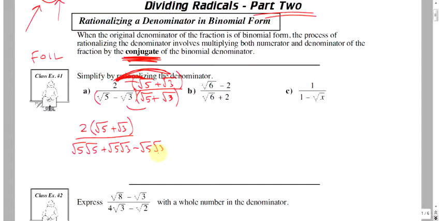Okay? Everyone okay with that? Well, if you read left to right, you're going to say inside is root 3 times root 5. But isn't that the same as root 5 times root 3? I just want to visualize. I want that to look the same as this one. So I just rearranged that, okay?